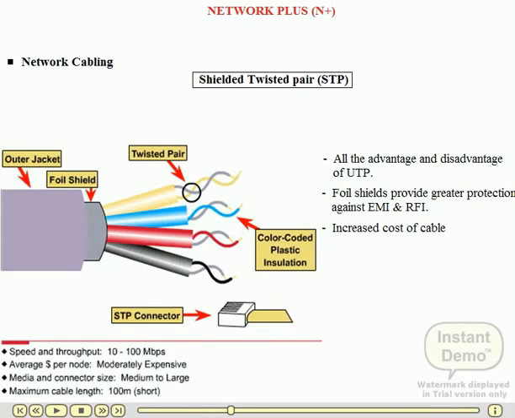Here on the screen you can see the foil shielding provides greater protection. This is the advantage. Its speed and throughput is 10 to 100 Mbps. Its cable is more expensive and it's used in medium networks.